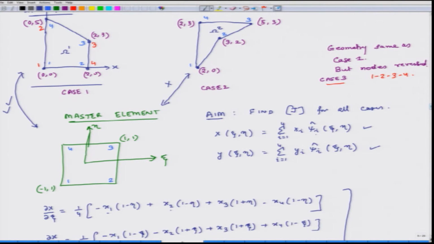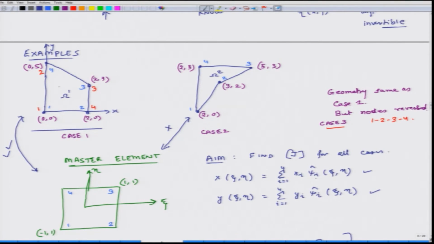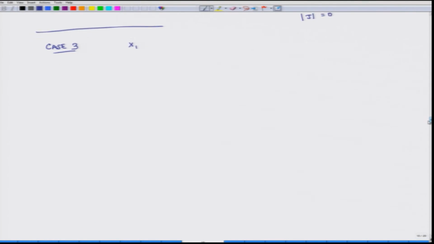So, the numbering changed. In the first case the numbering was anti-clockwise, and in the second case it was also anti-clockwise, but in the third case it was clockwise, right. So, in your master element it is anti-clockwise, in your actual element it is clockwise. What does that mean? Let us see.